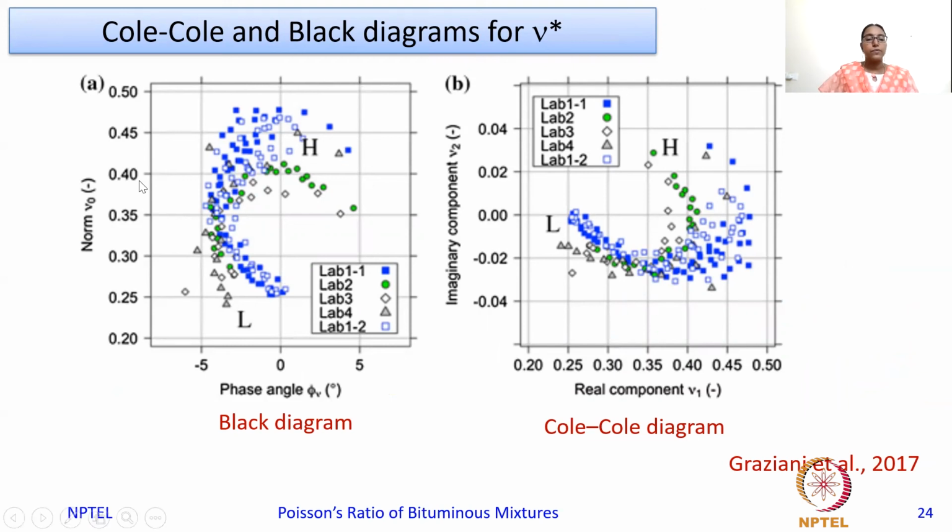The first figure is a Black diagram, which is plotted with the norm value and the phase angle value of the complex Poisson's ratio. So it is the norm of mu, and this is the phase angle phi nu of the Poisson's ratio plotted here. The second figure is called the Cole-Cole diagram, which is a plot between the imaginary part and the real part of the Poisson's ratio.